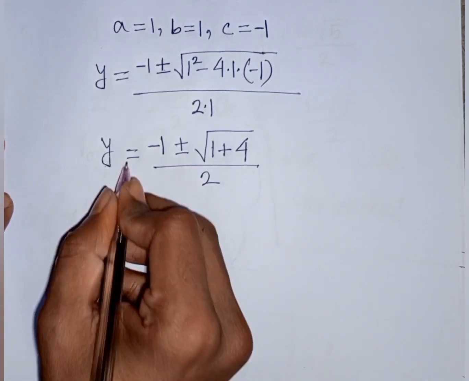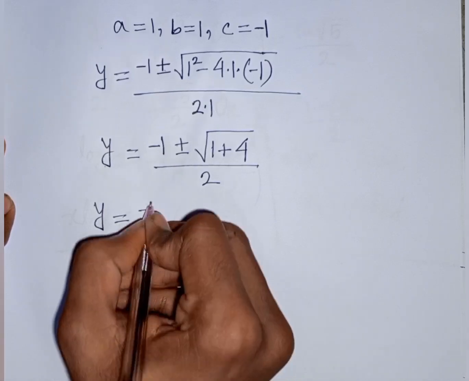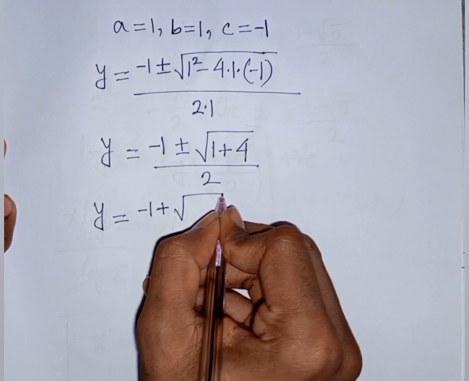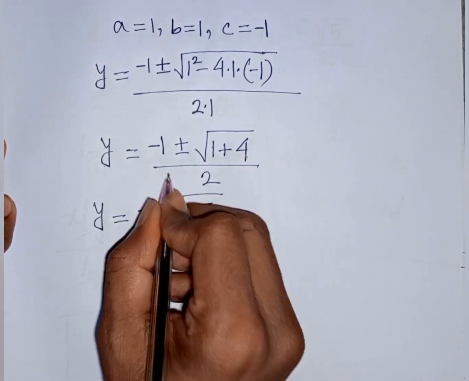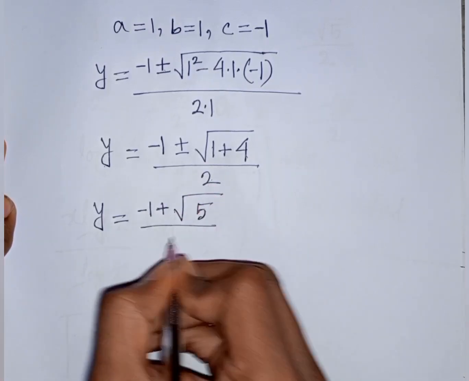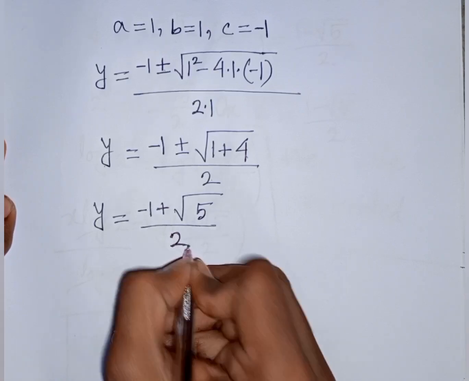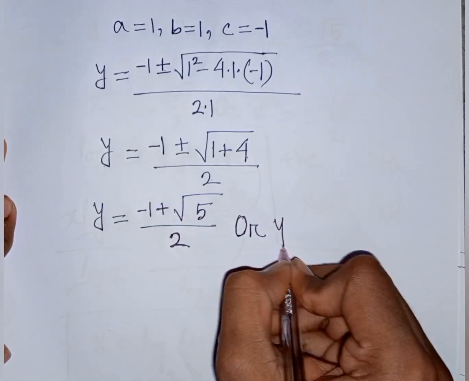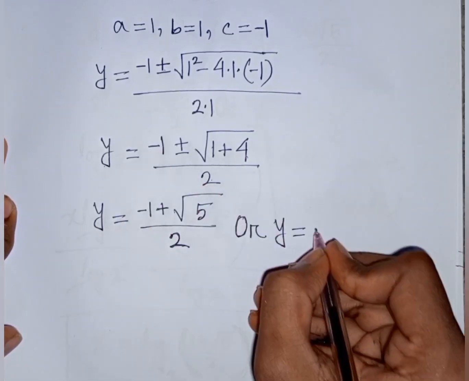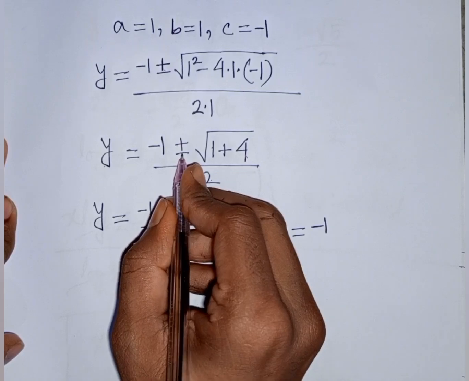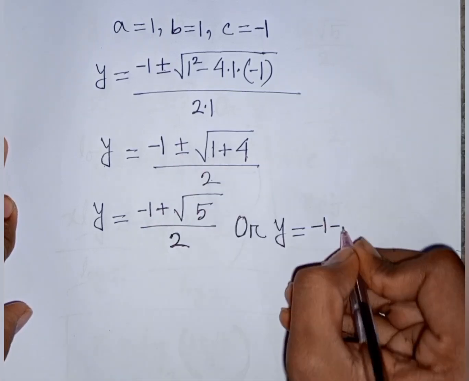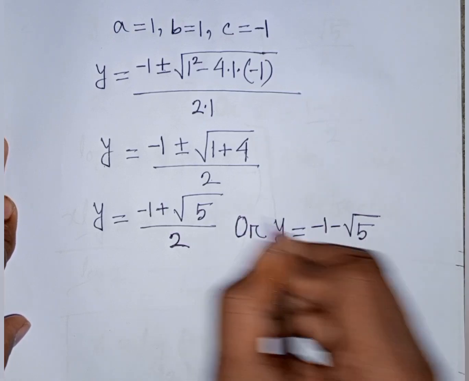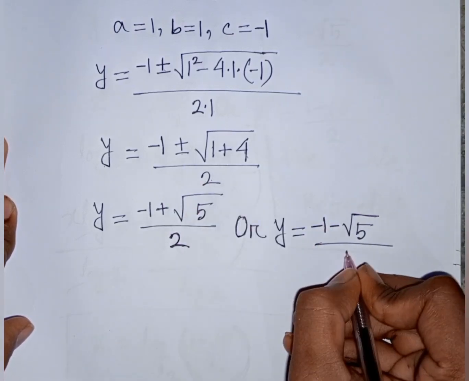So you can write here y is equal to minus 1 plus square root of 1 plus 4, that means 5, divided by 2, or y is equal to minus 1 minus square root of 1 plus 4, that means 5, divided by 2.